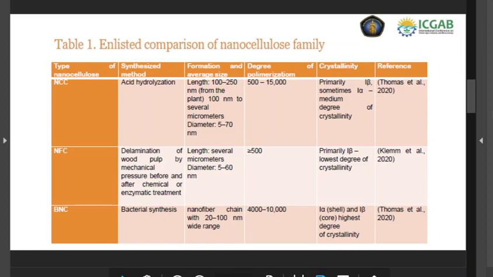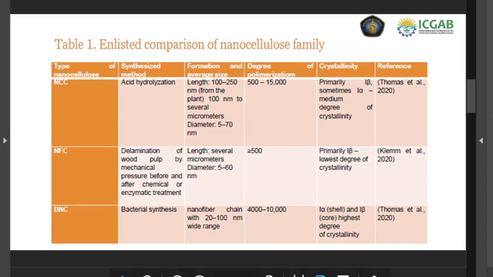Nanofibril cellulose is generally generated through a mechanical defibrillation process, such as homogenization, while nanocrystal cellulose is extracted after going through several types of process, for example, alkaline treatment, homogenization, and then acid hydrolysis.